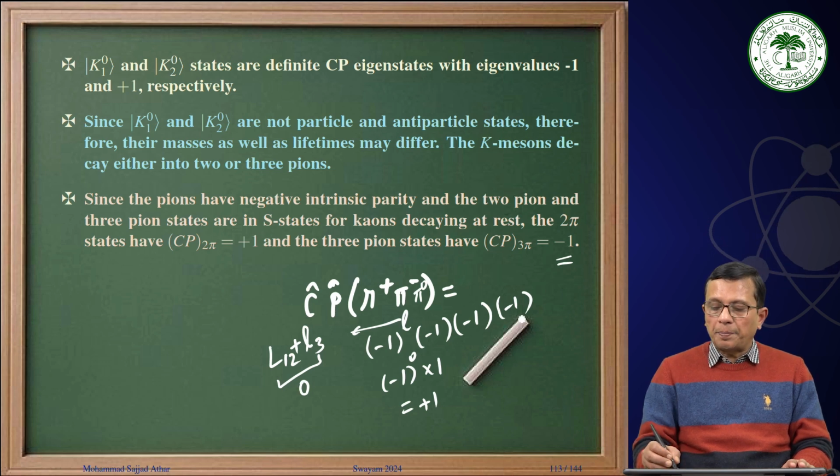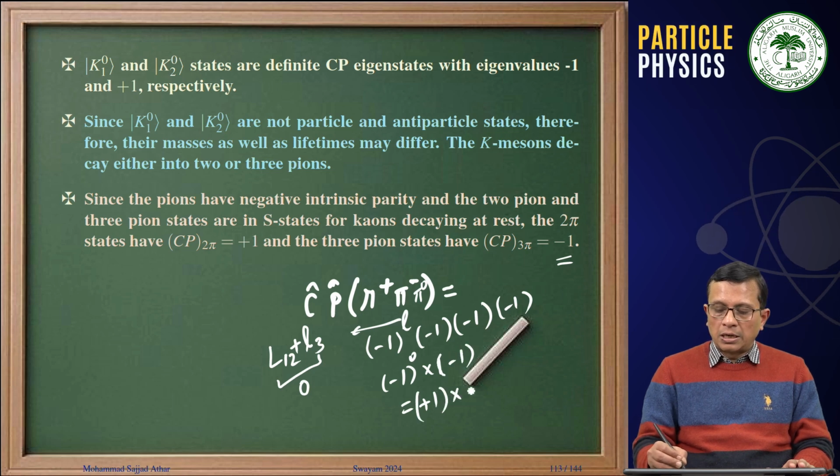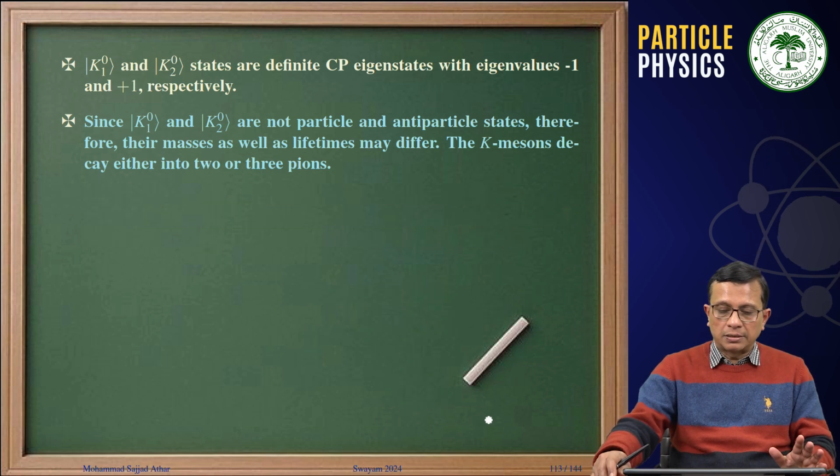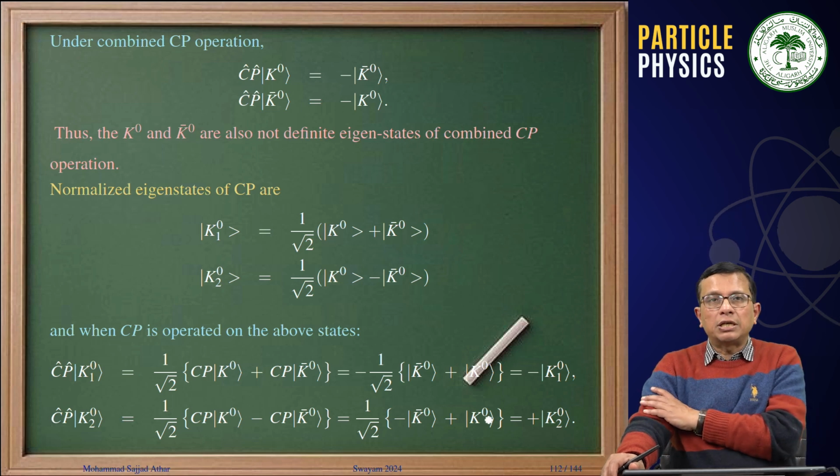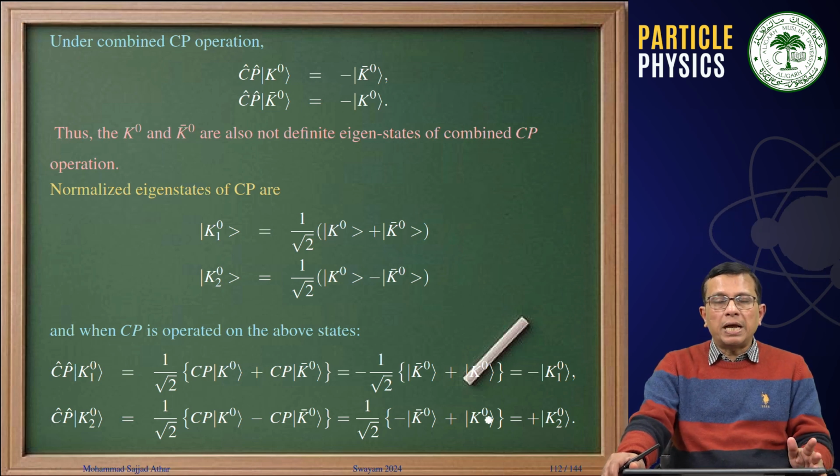Therefore, you will pick up a minus sign for 3 pions and a plus sign for 2 pions. That means if you look at the previous case, the CP eigenvalue for K10 is minus 1, while the CP eigenvalue for K20 is plus 1.